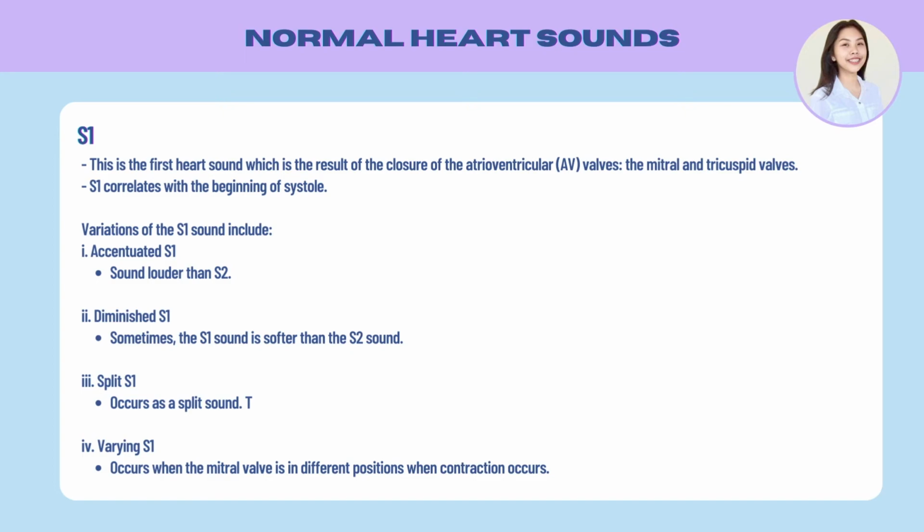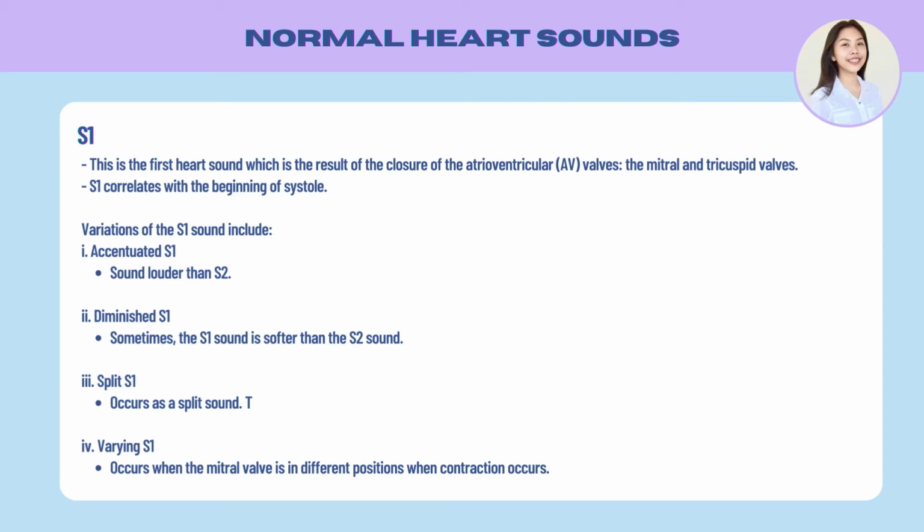If heard as two sounds, the first component represents mitral valve closure, or M1, and the second component represents tricuspid closure, or T1. Variations of the S1 sound include accentuated S1, diminished S1, split S1, and varying S1.